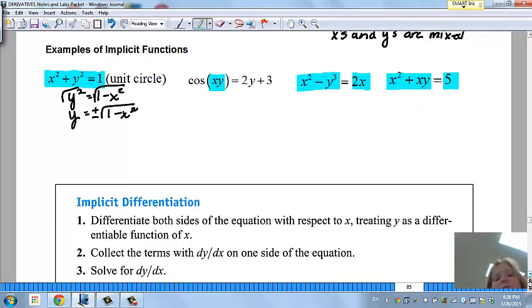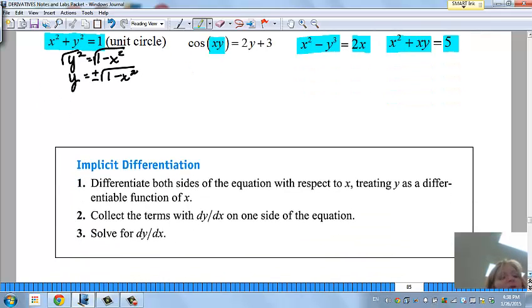When we do implicit differentiation, I have the steps right here, and they're probably not going to make a lot of sense until we practice. You're going to differentiate both sides of the equation with respect to x, treating y as a differentiable function of x.